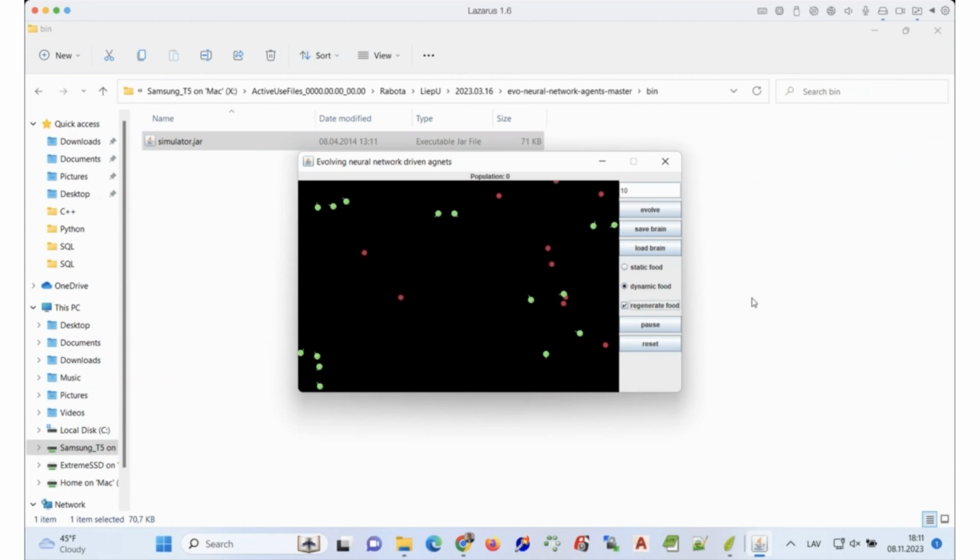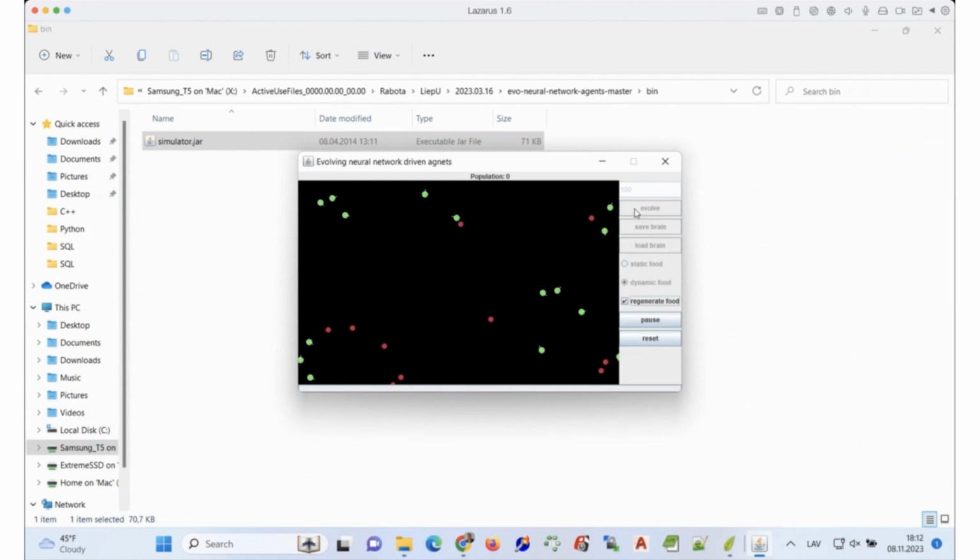That will generate cases when suddenly and randomly an entity would eat the food and get some knowledge. Okay, I got the food, so maybe I can get the next food item more effectively if I take some actions. Let's run 100 generations, and let's see how they start behaving, catching the food items.